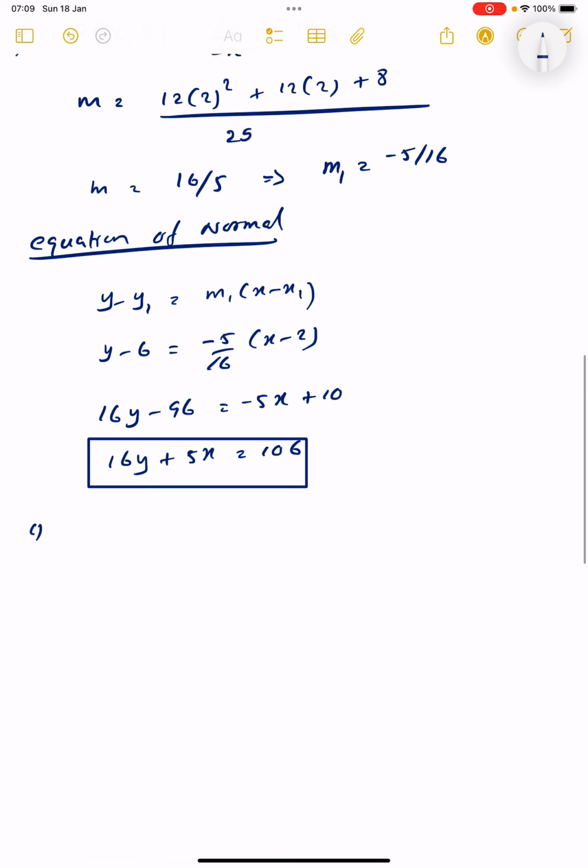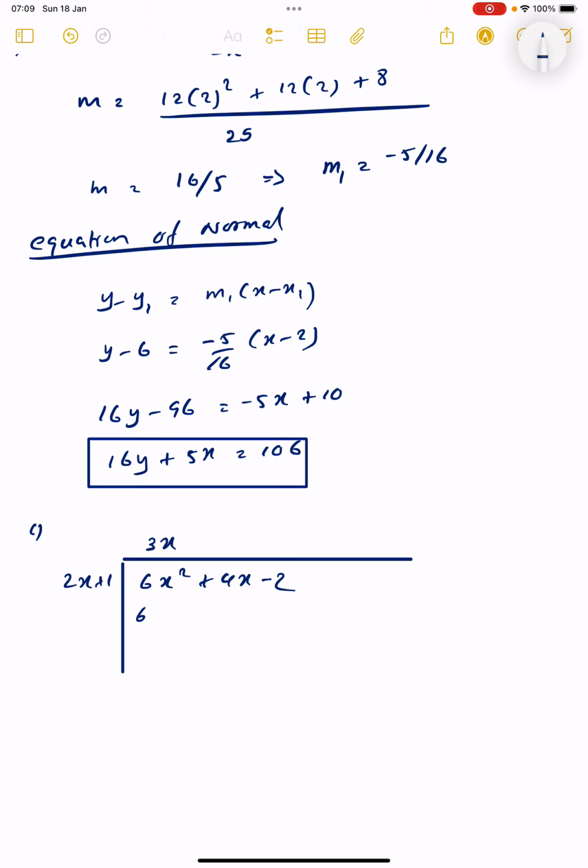In part C, they want you to rearrange f(x) in the form of ax + b + d over (2x + 1). We can use long division for that. So the polynomial is 6x² + 4x − 2 divided by 2x + 1. Dividing 6x² by 2x, you get 3x, which is 6x² + 3x, giving you x − 2. x divided by 2x is half, so that is x + half, and the final remainder will be minus 5 by 2.